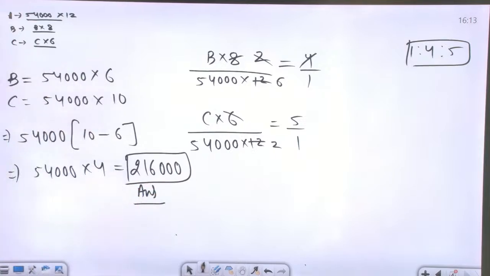Any problem in this? So you can do the calculation like this. You can avoid the calculation. And if you directly indulge in doing calculation, there is no way out. Understood?